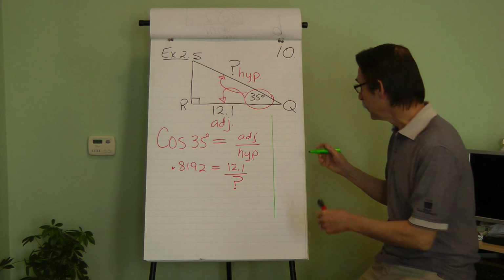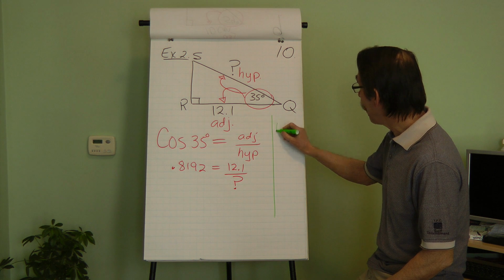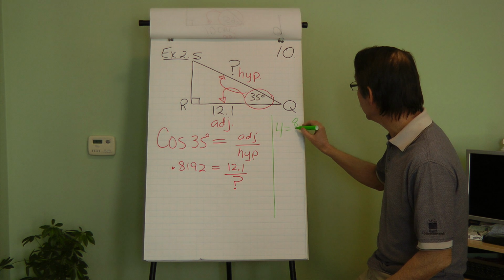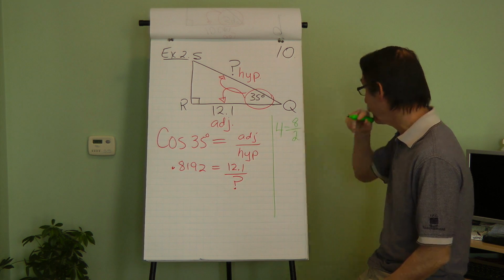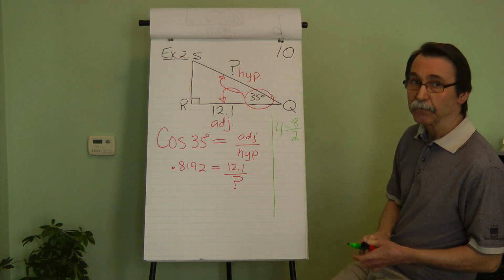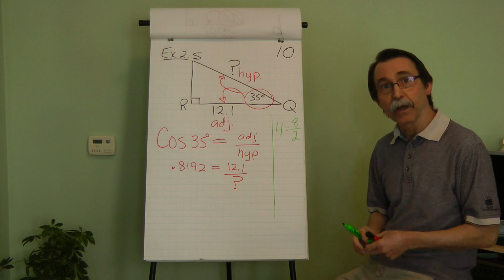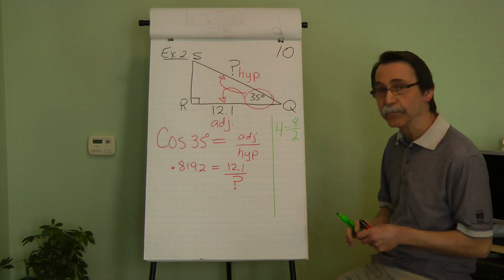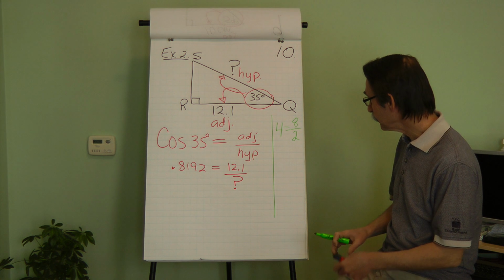So watch this. I'm going to say that 4 is equal to 8 over 2. Anybody who knows anything about basic fractions will know that 4 is equal to 8 over 2.